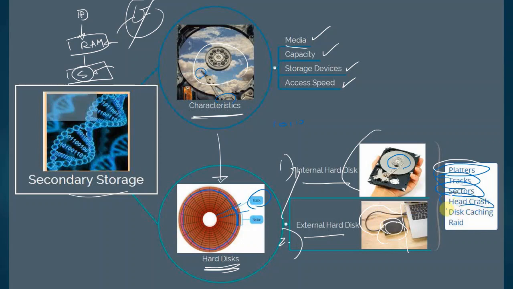Our next term here is a head crash, and that happens because, when this is spinning, the distance between this needle here and the platter is not much of a distance. Specifically, it is approximately 0.00001 inch thick.